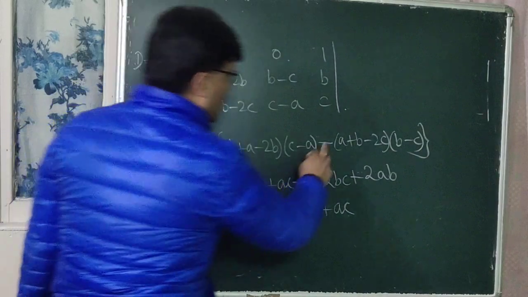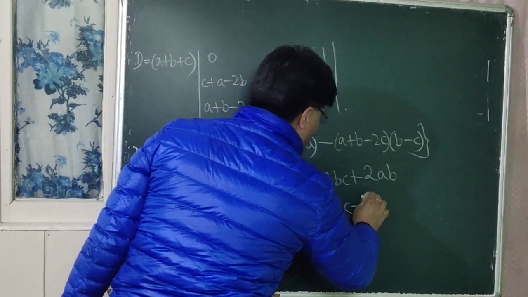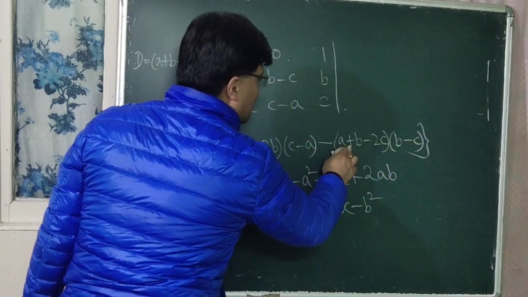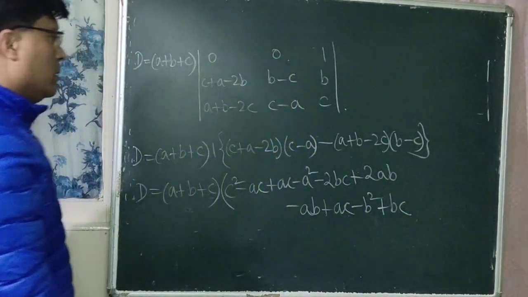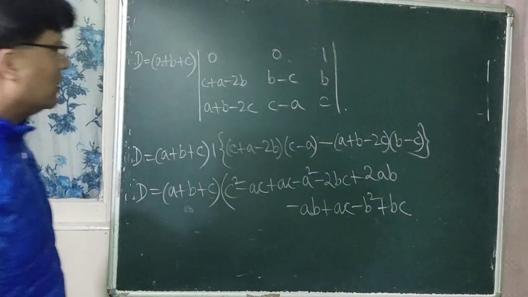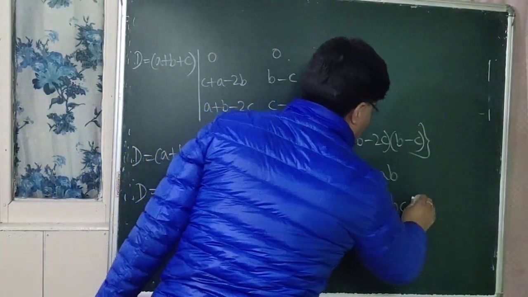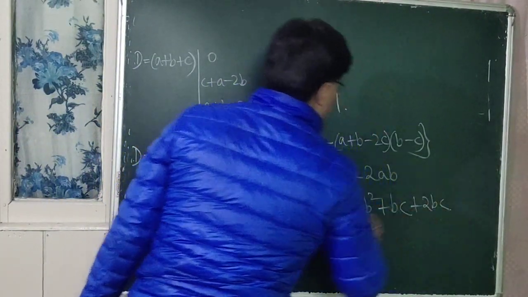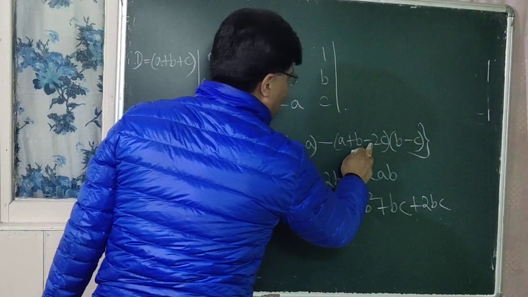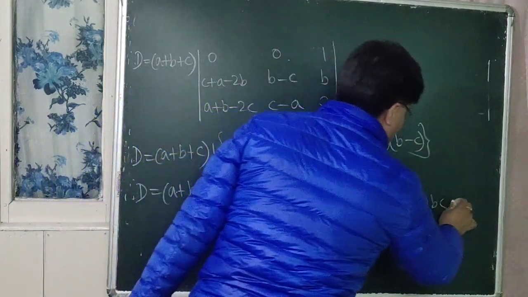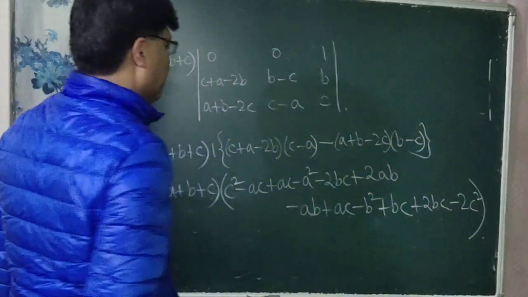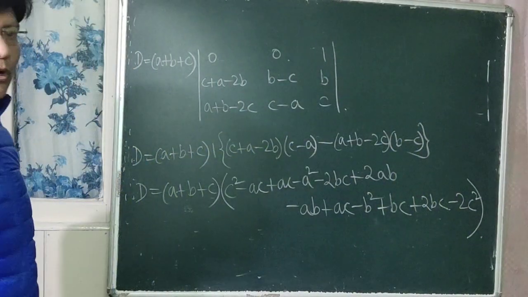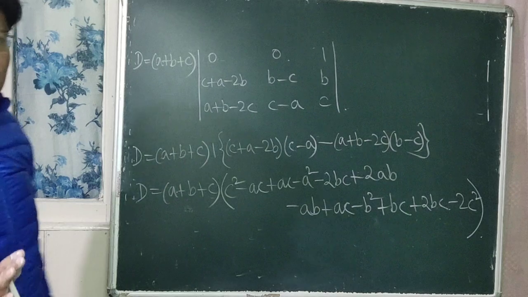Then minus B square, minus into minus plus BC. Minus into minus plus 2BC, minus into minus plus, and minus 2C square. So all of you got my point?